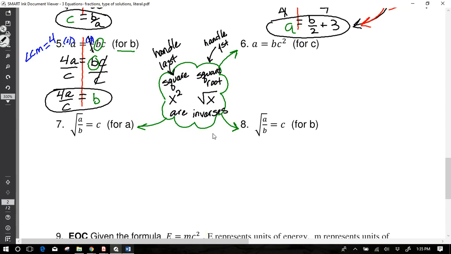Once the c squared is completely by itself, then we will do the inverse. And so we're going to look at these together just to make sure that you understand. All right? And we're going to do 2 examples of each. 2 examples where there is a squared term in the problem and 2 examples where there is a square root in the problem.